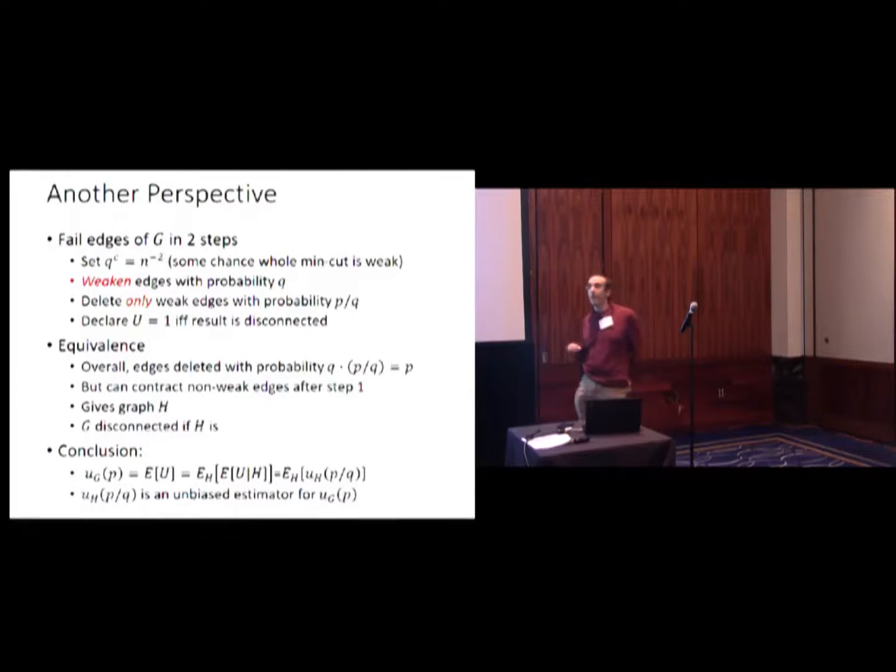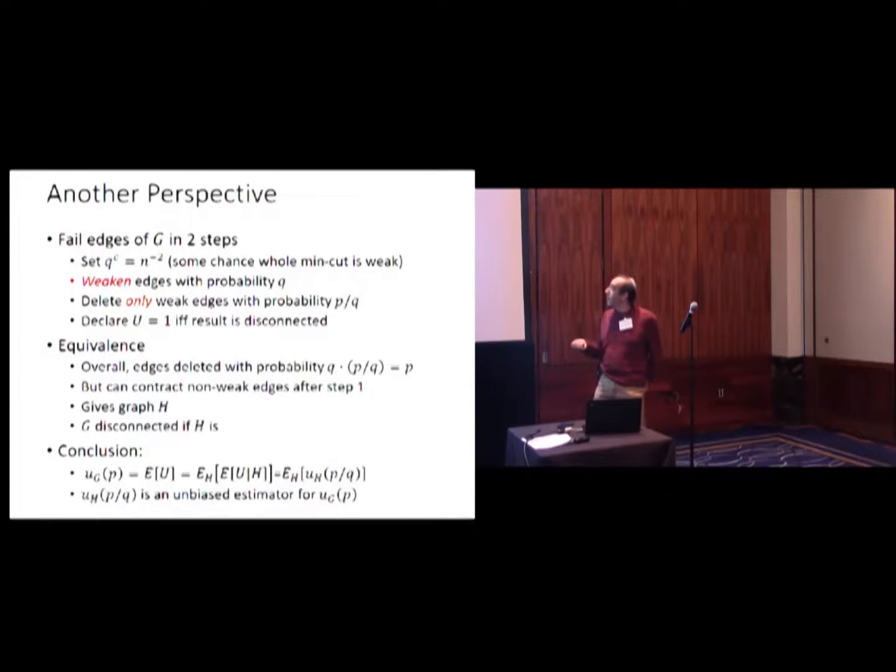I'm going to think of this construction as a two-step process for constructing a sample of p failures. First, I set my threshold, and then I weaken all of the edges with this probability q. I then delete only the weakened edges, and I delete them with probability p over q. I then declare a disconnection if the resulting graph is disconnected.